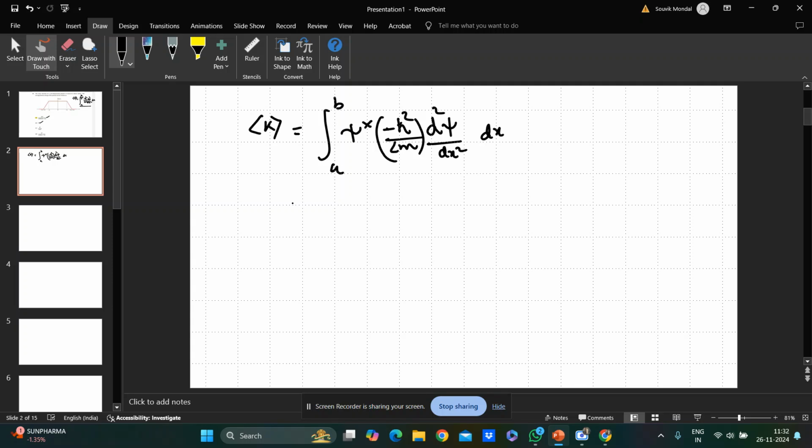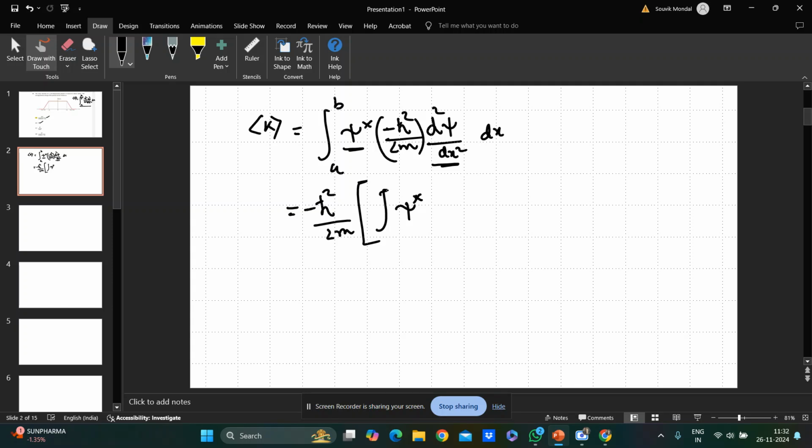Now you can simplify this. Let's take this h cut square by 2m outside. Okay, now do by parts. So this is your first function, this is your second function. So do by parts. So this is psi star.